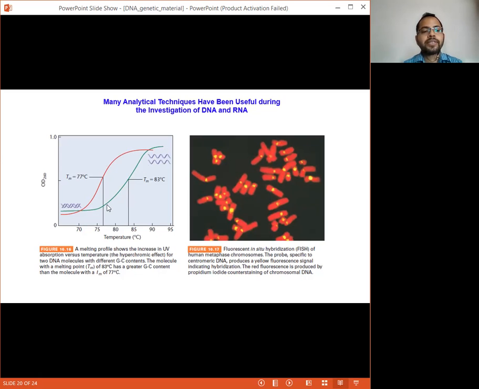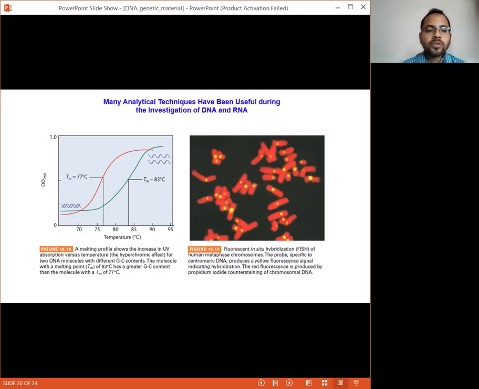Here it is marked that Tm value for this DNA is 83, and Tm value for this DNA is 77. I am saying again that melting temperature is defined as when half of the DNA is melted out.